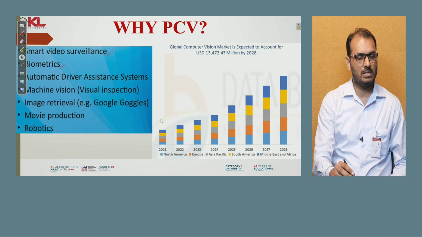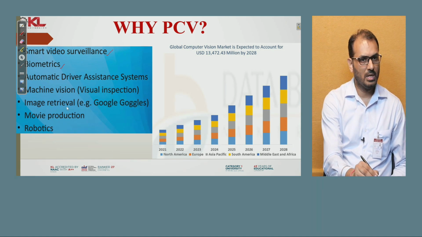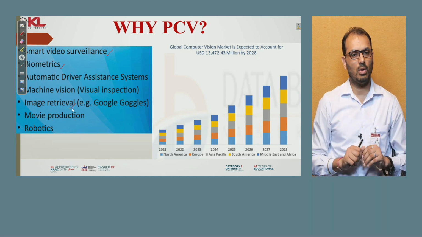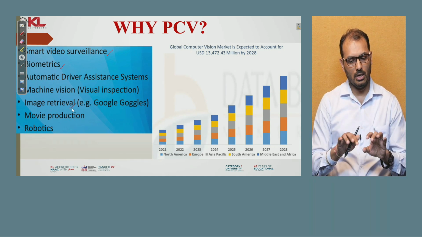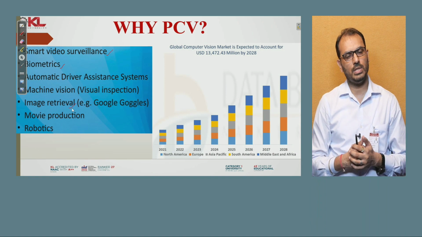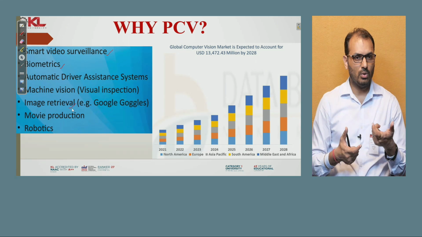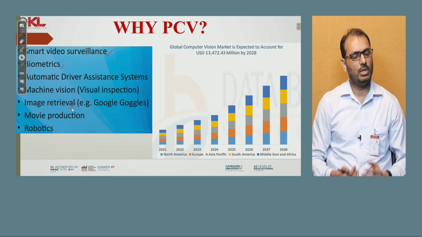Other applications are automatic driver assistance systems, machine vision, and image retrieval. Image retrieval means, when you search something on Google, you type something, for example, today I want to see computer vision related videos on YouTube or Google. Then a number of relevant things will come.